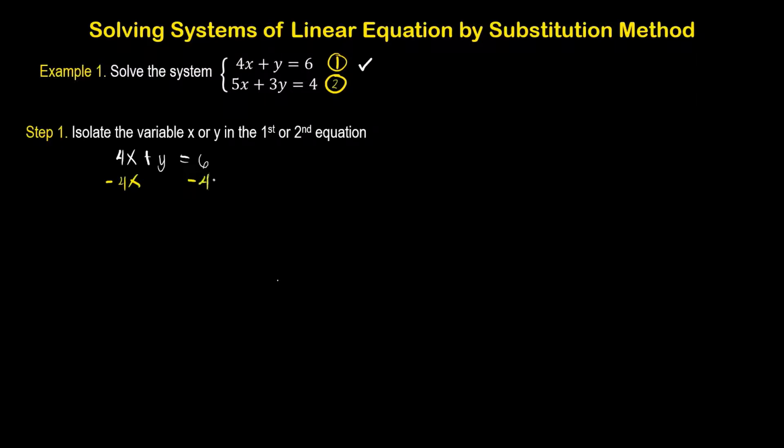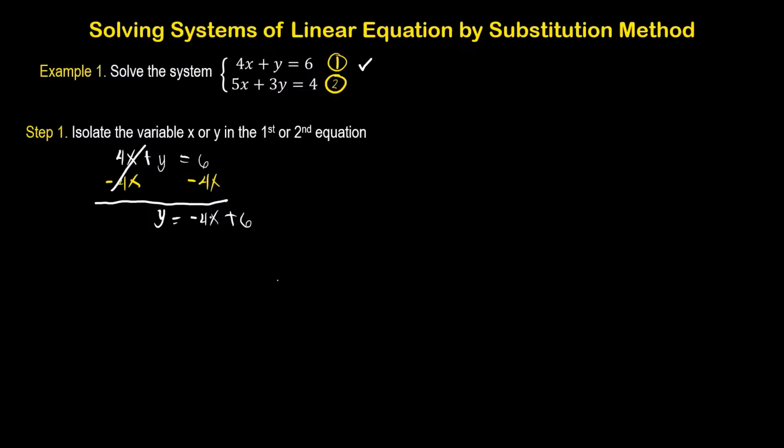Okay? Negative 4x on both sides. And that gives me, of course, this is cancelled, and that gives me y is equal to 6 minus 4x. This is equal to negative 4x plus 6. So, meron na akong value ng y, which is negative 4x plus 6.